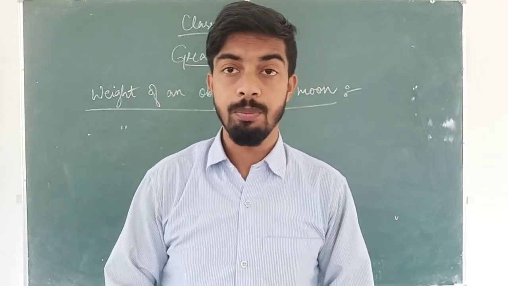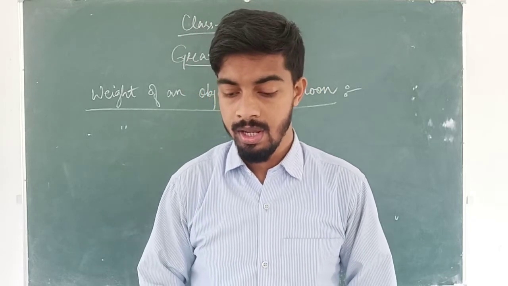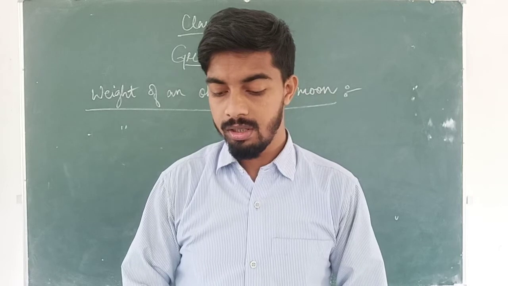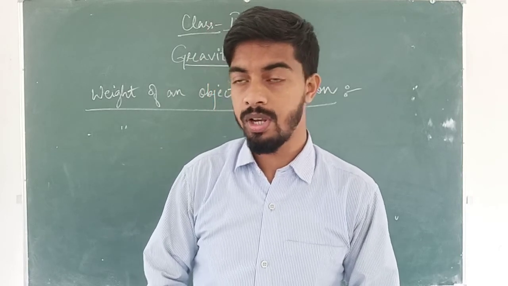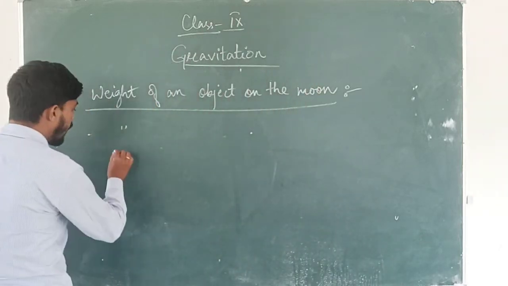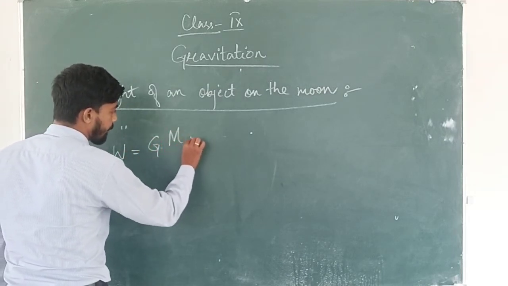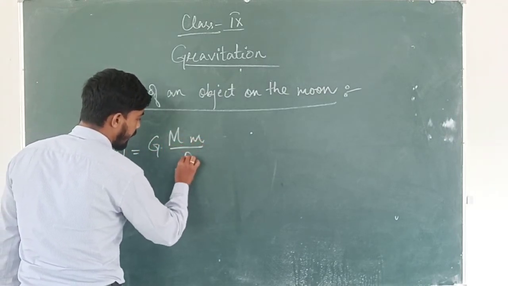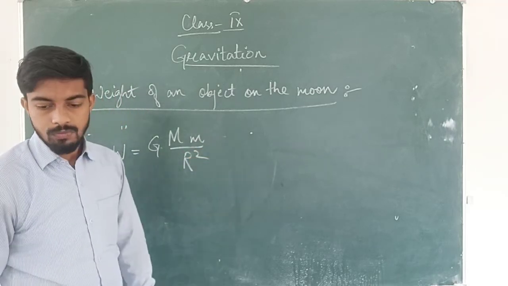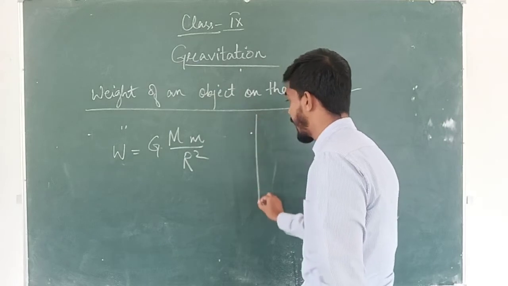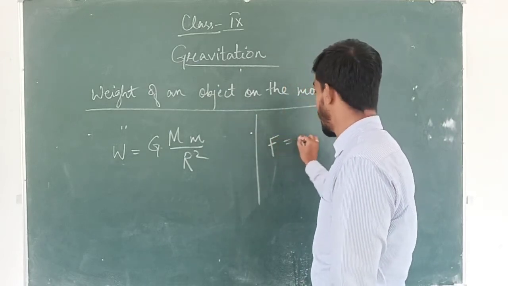In your book on page number 137, on the right hand side, the weight of an object on the moon is calculated, where the formula used is W = G M by R square.